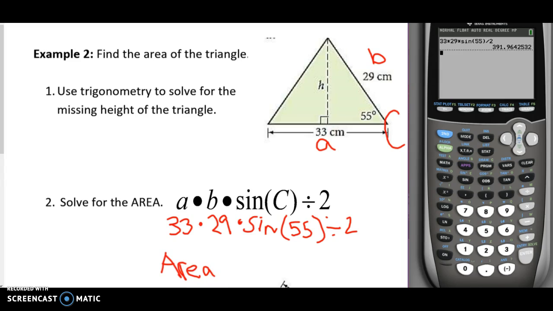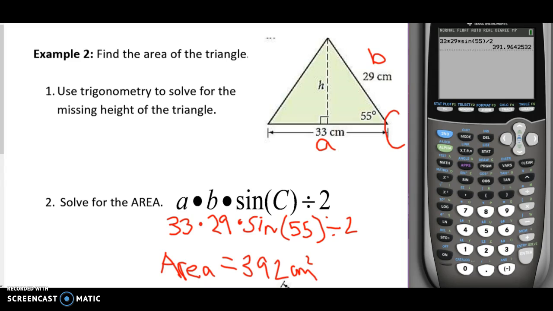And I'm writing with a mouse today, so forgive me for my terrible handwriting. And that's all there is to it, to finding the area of a triangle when you have two sides and the included angle.